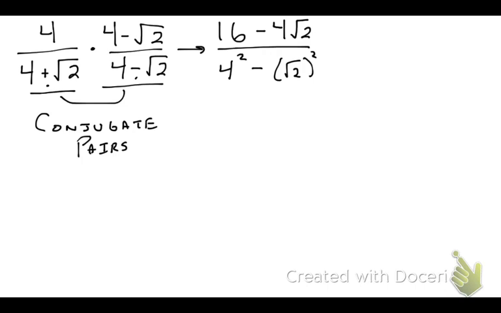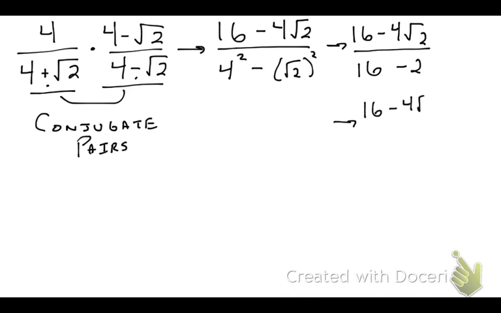We can take this all a little bit further. The numerator, these aren't like terms, so we would have to leave this alone. But the denominator becomes 16 minus 2, or just 14. So it would be 16 minus 4 root 2 over 14.